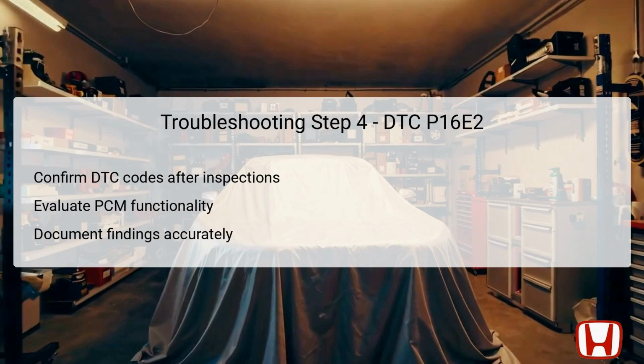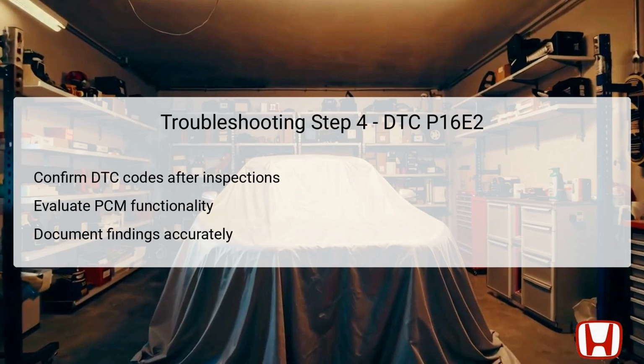The final inspection step focuses on confirming that all DTC codes have been cleared and conducting a thorough evaluation of PCM functionality. Following the inspections and any repairs, perform a DTC check to see if the P16E2 code reappears.